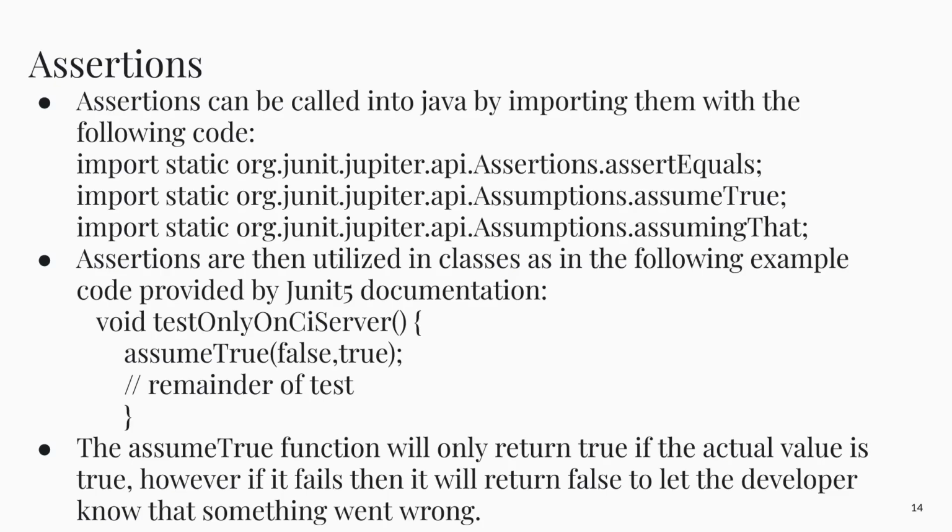However, if it fails, then it will return false to let the developer know that something went wrong, because this should be able to return true, as that is the actual result of the assumption. But if the assumption is not correct, then it will return false, because that is what is expected in case something goes wrong.